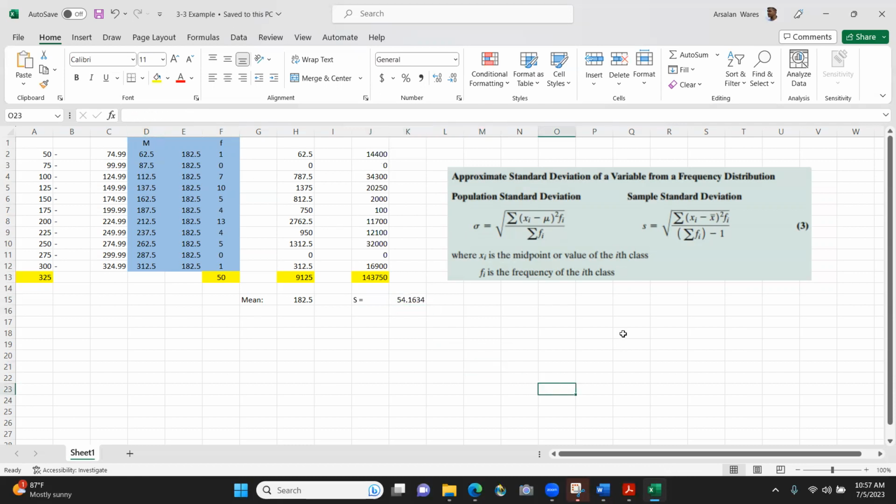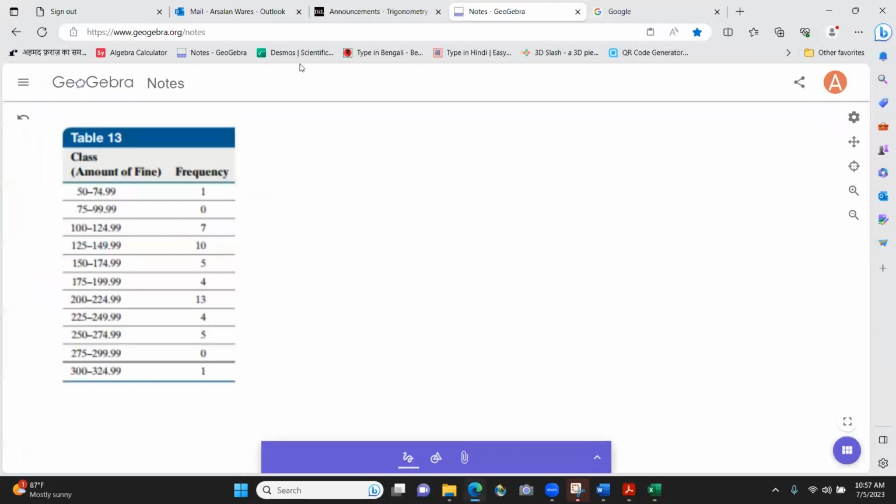Now, let me go back, go to your book, and show you what the standard deviation is for this data set, okay? It's an example from your book. So let's see how well we did.